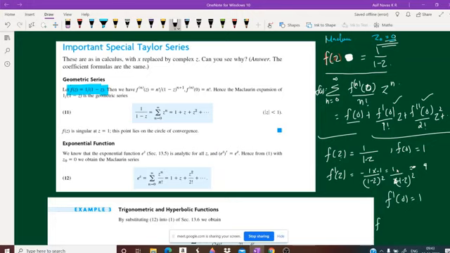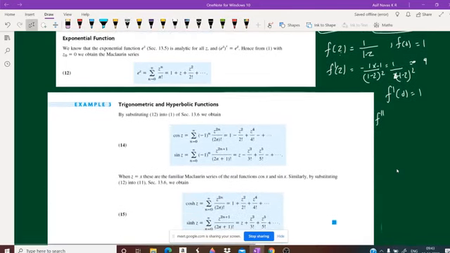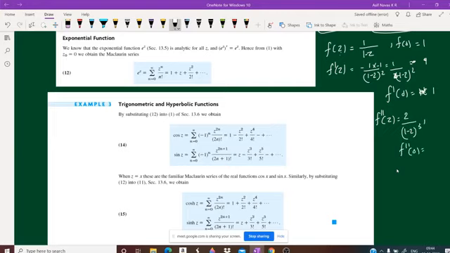Now similarly, f double dash of z is the derivative of 1 by 1 minus z all square, which is 2 by 1 minus z all cube. Then f double dash of 0 is 2, which is equal to 2 factorial.